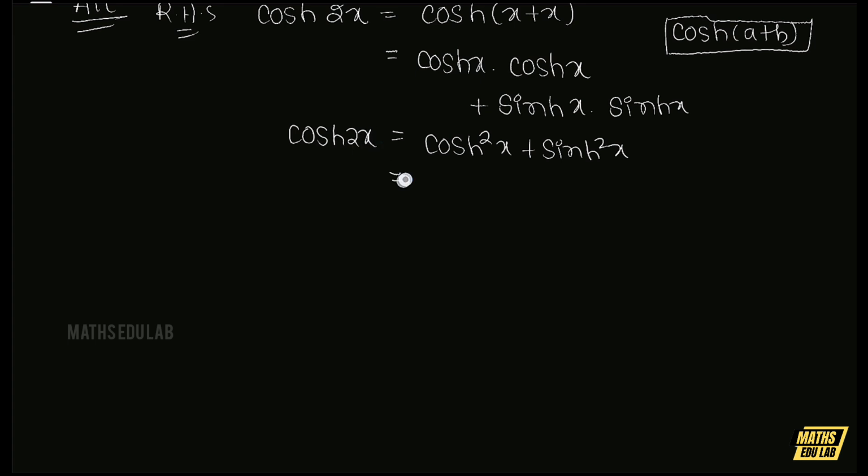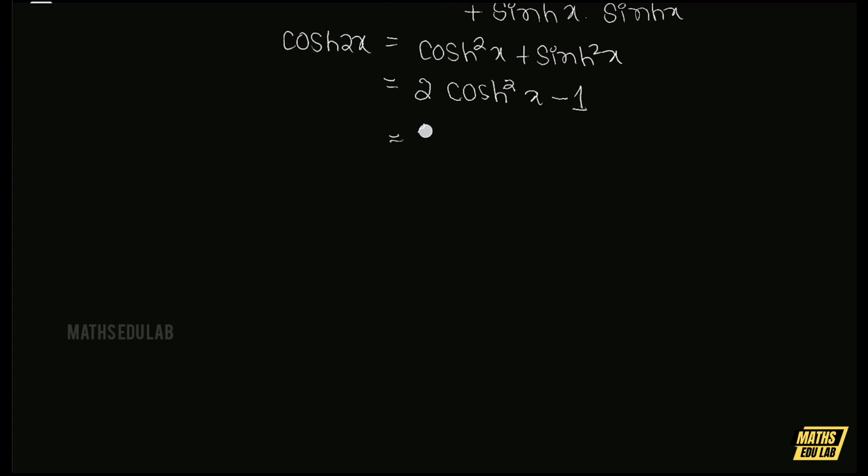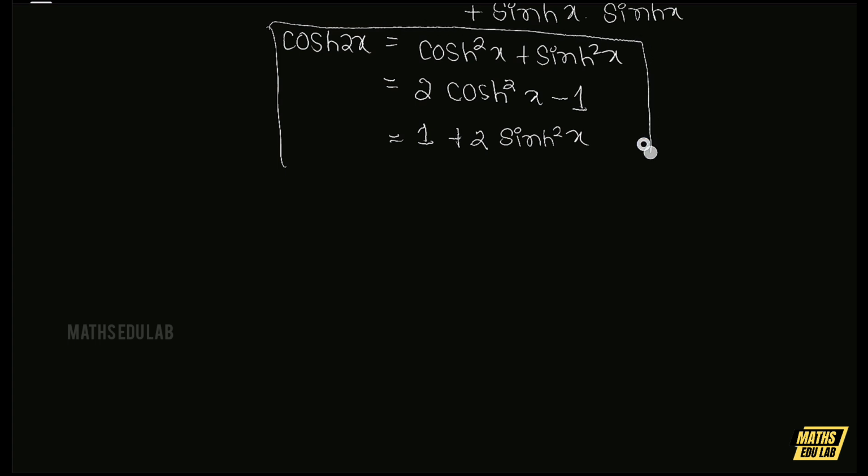The other one is 2 cosh square x minus 1, and the other one is 1 plus 2 sinh square x. So we have already proved for cosh square x plus sinh square x.